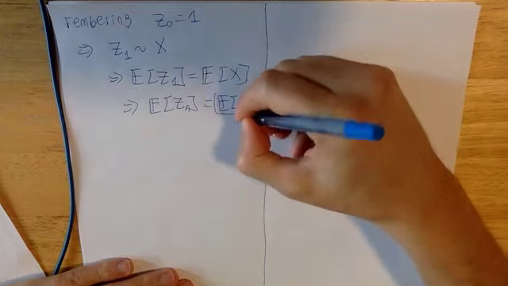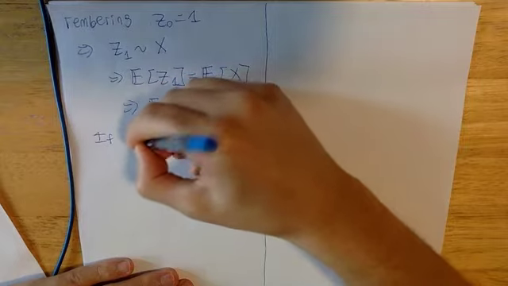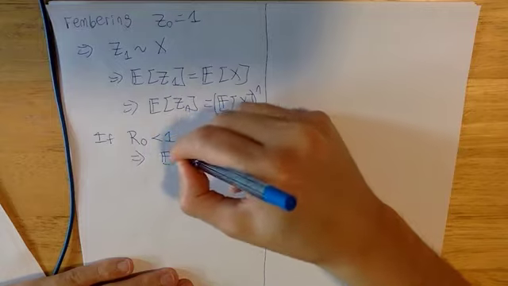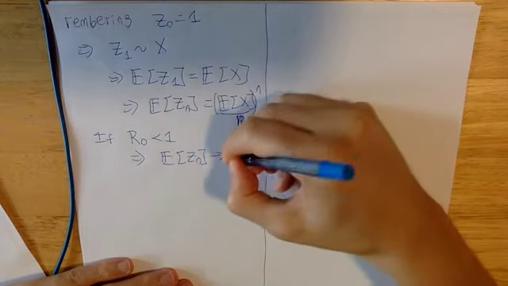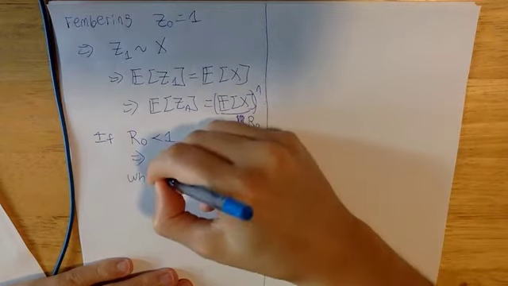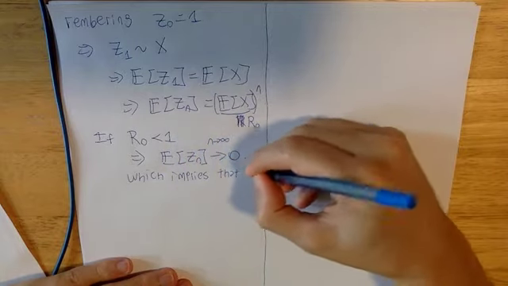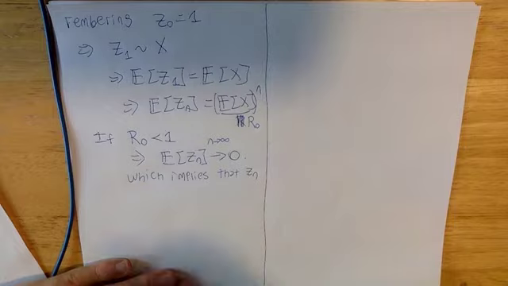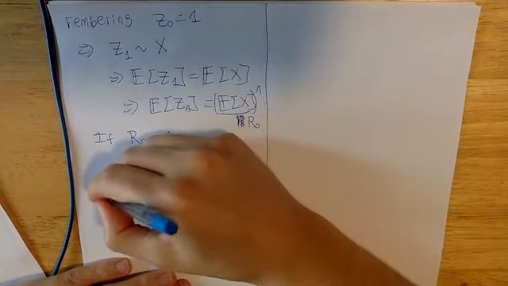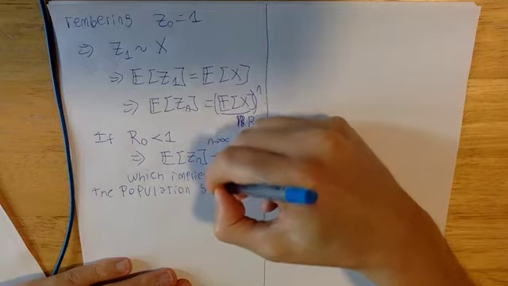Okay, so morally we have two cases. This is what we were calling R0. If R0 is less than 1, then the expectation of zeta n goes to 0 when n goes to infinity, which implies that the population gets extinct.